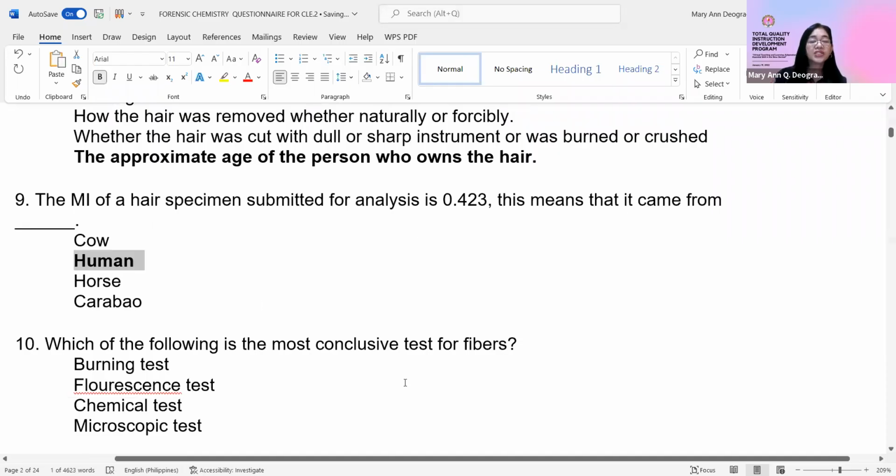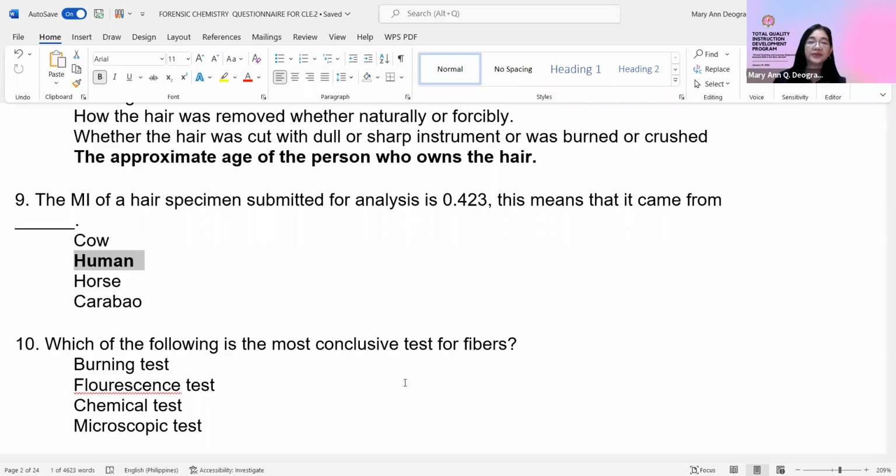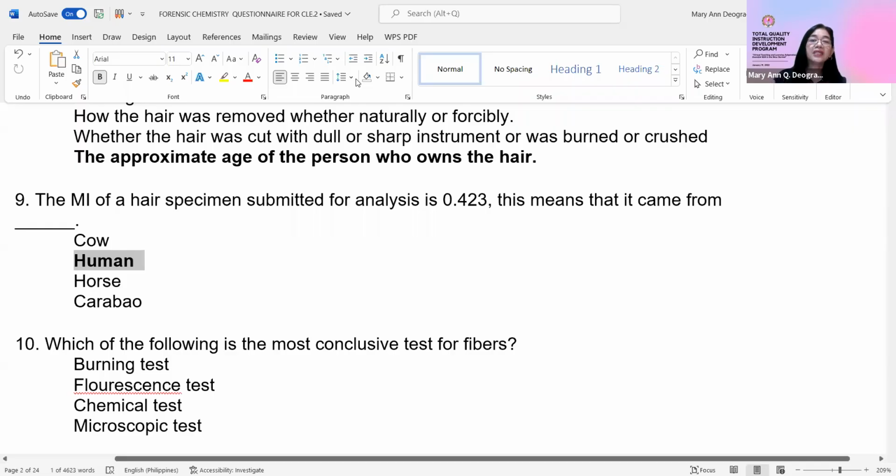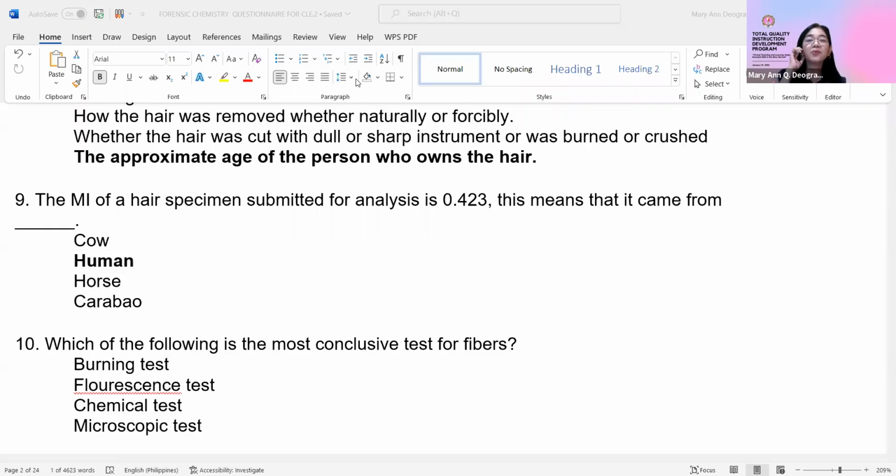Which of the following is the most conclusive test for fibers? Alin dito? Ang pinaka-conclusive, because it can readily identify or determine the specific characteristics of each kind of fiber. Okay, anong sagot nyo? Yes, it's microscopic.